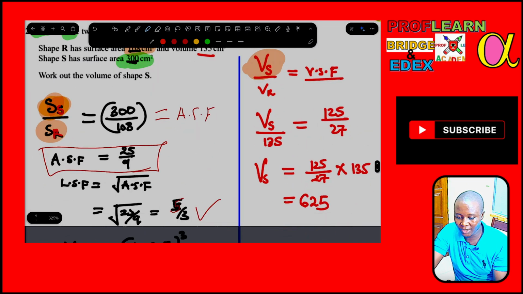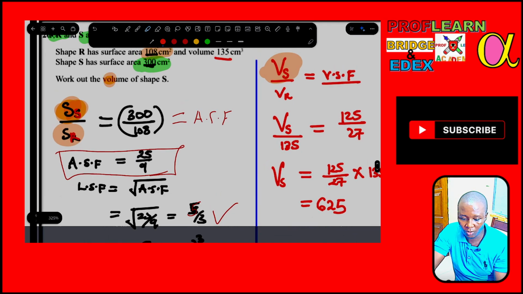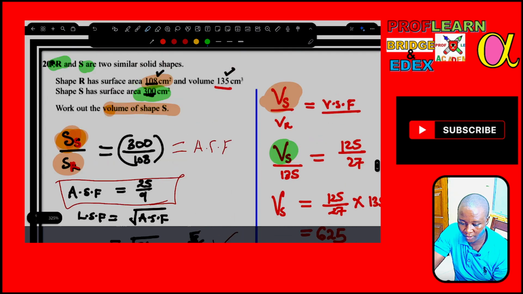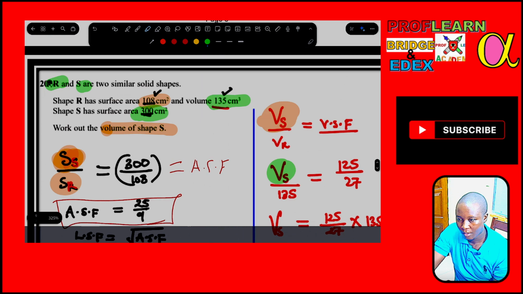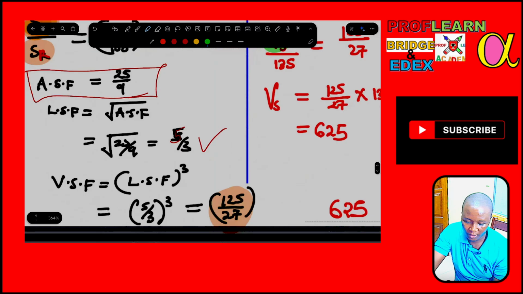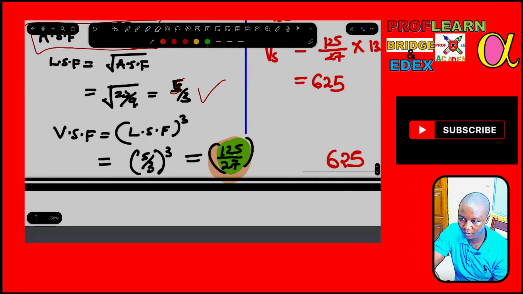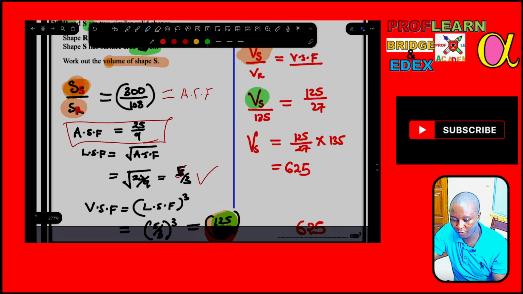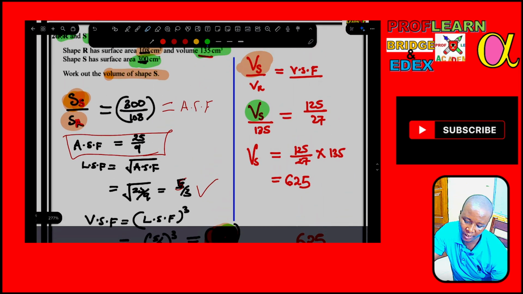So volume of S is the one that we are looking out for in this question. And then it means that we are going to now say volume of S over volume of R, which is 135, it was actually given here, is equal to the volume scale factor that we have gotten from this question here, 125/27.